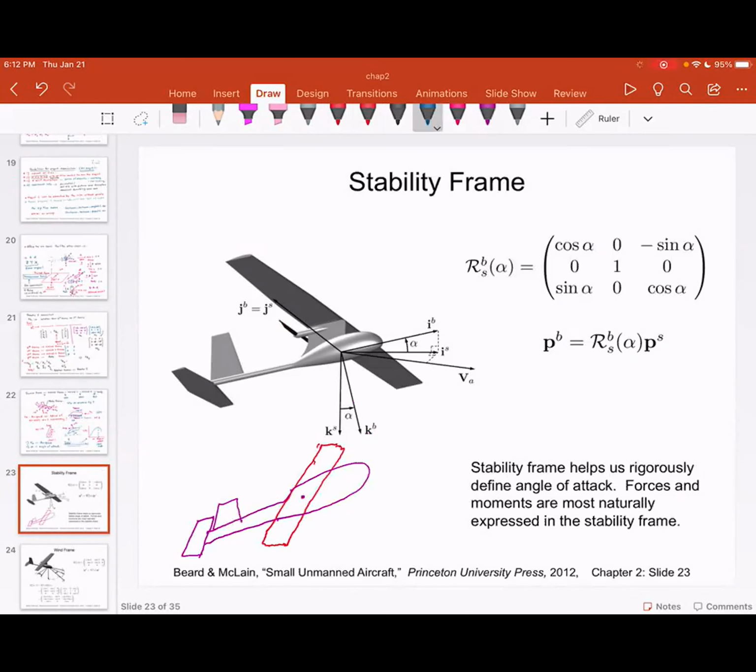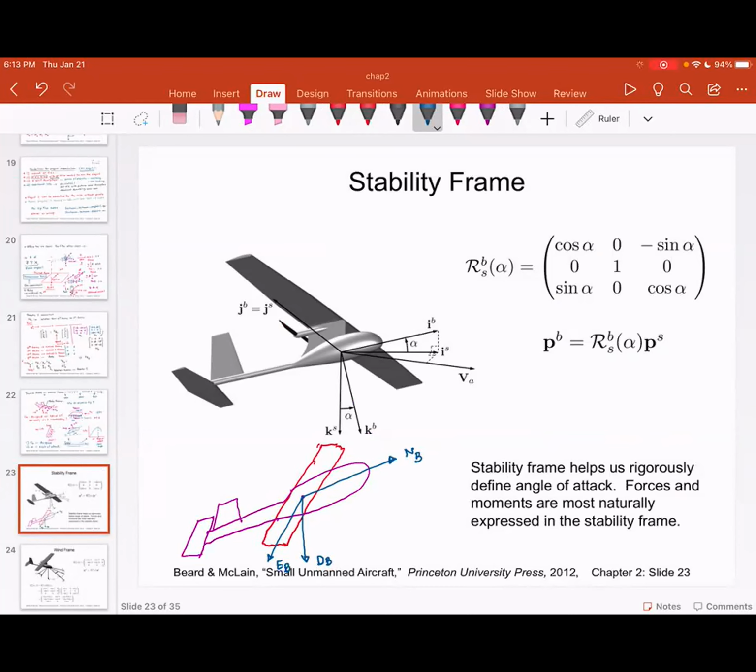In the body frame, this is your north, this is your east, and this is your down. So this is in the body frame. You have north, east, and down, all body.